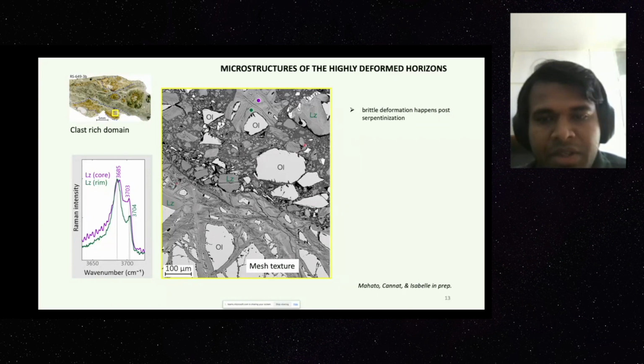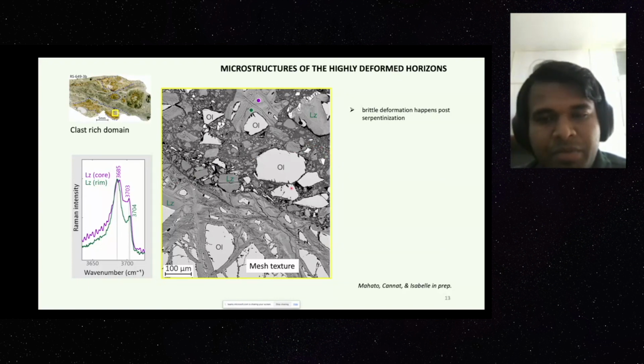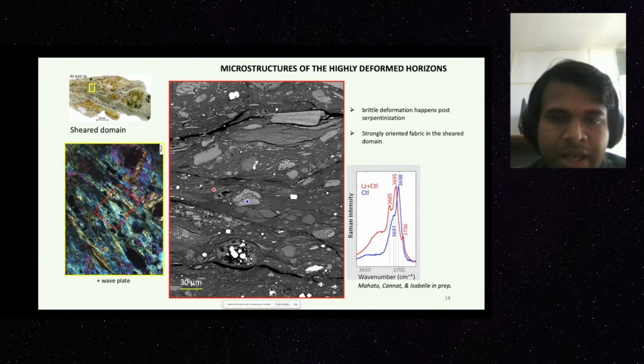And you see these darker gray areas with microclasts, which I will come to later again. But before that, we will see microstructures from this highly sheared area. So this is an optical light microphotograph from the sheared domain, which is located here.